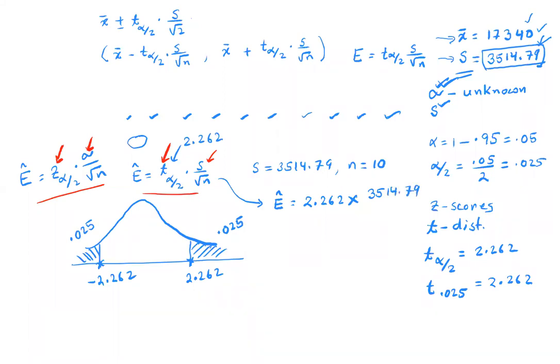So times S, which is 3,514.79, all of it divided by the square root of the sample size. My sample size n is equal to 10.